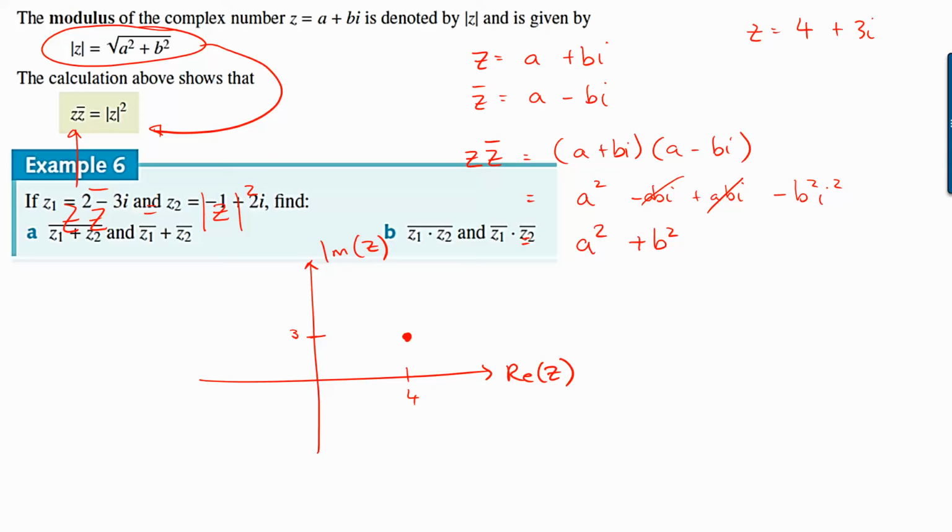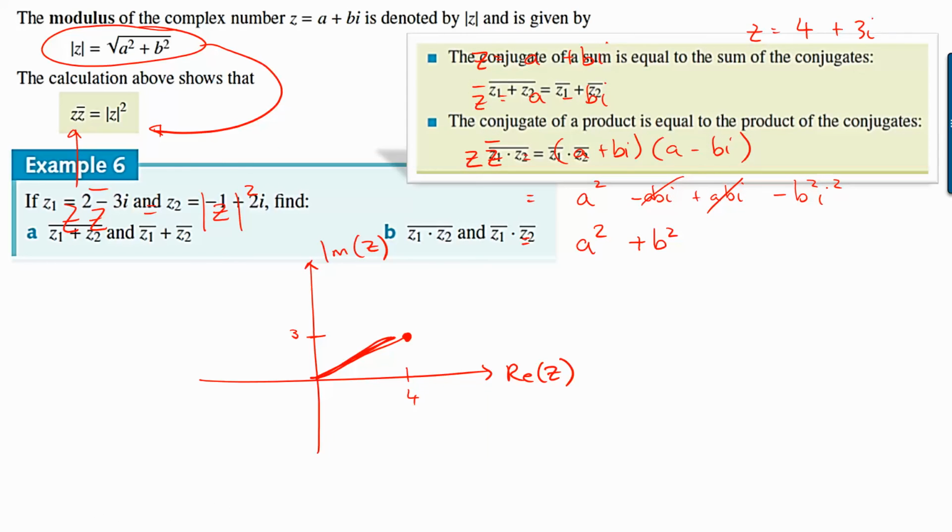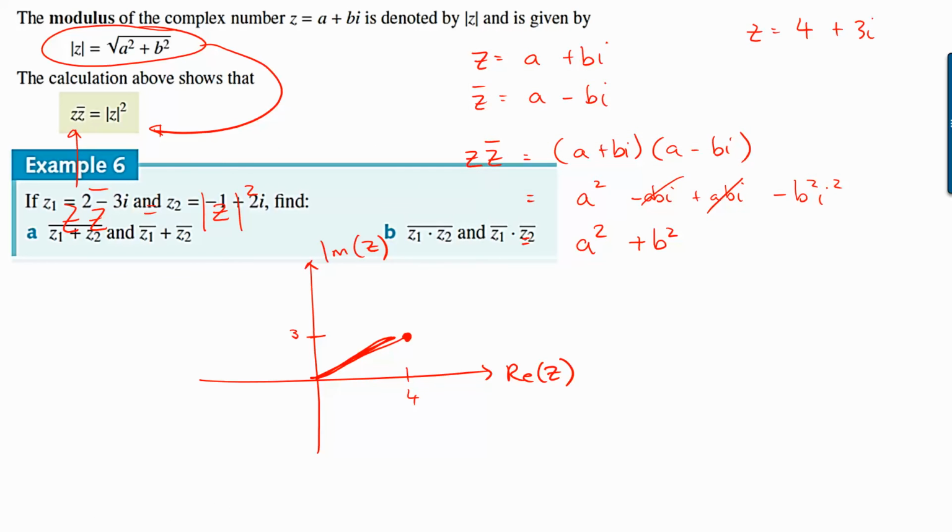Because really all you're actually doing is looking at how this 4 plus 3i is actually talking about a vector. You're actually talking about the distance from your origin. So when you're talking about the distance from an origin, mod of z is what that is, because that's the only information that's useful. How far is it from the origin?